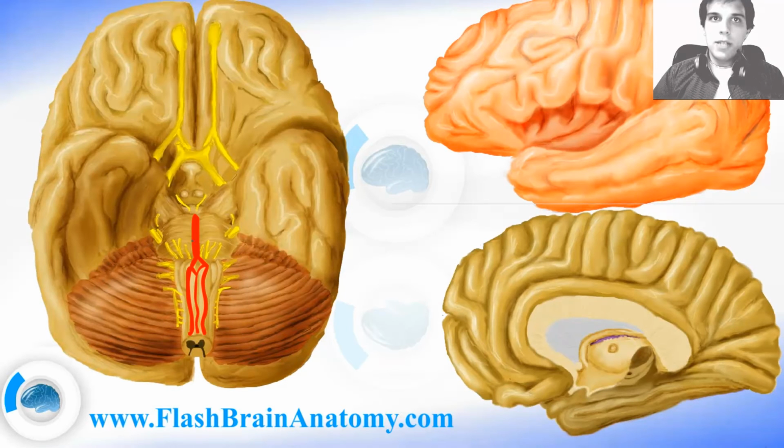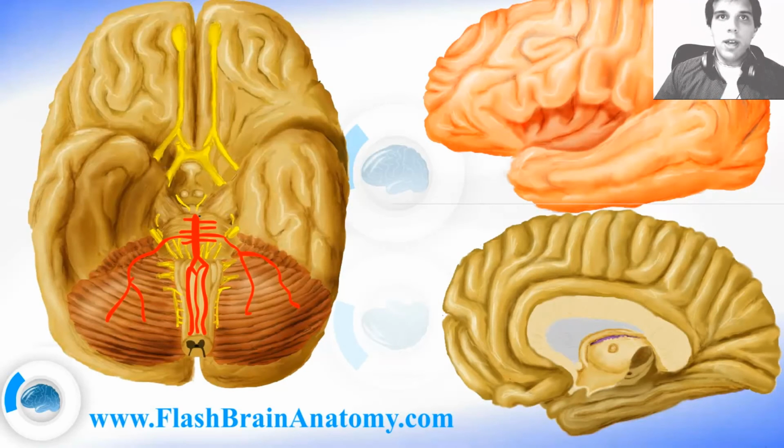The basilar artery gives some pontine arteries here, and it also gives the inferior anterior cerebellar artery, the branches over there on the cerebellum, same on the other side. And this was the inferior cerebellar artery.